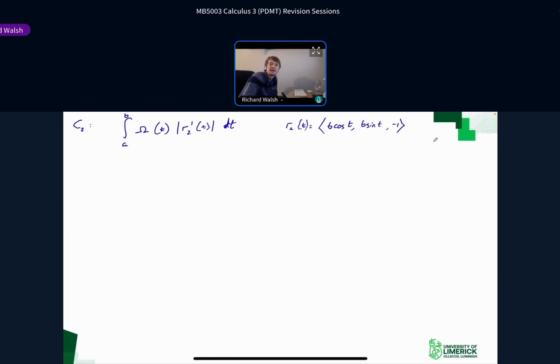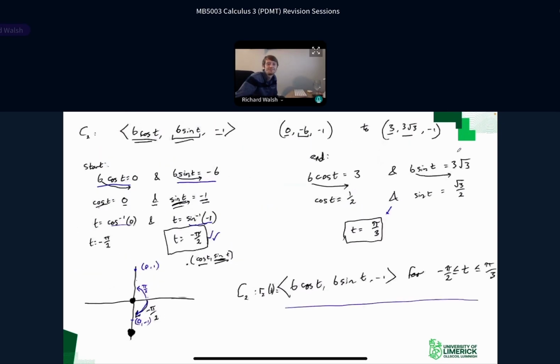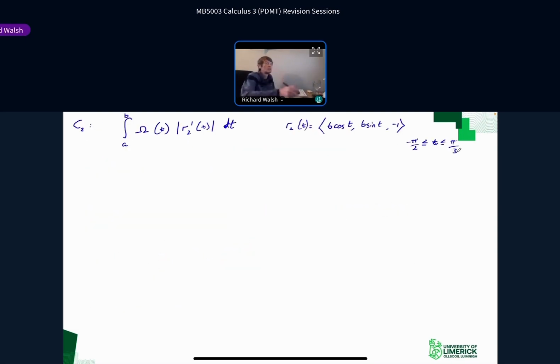And the t values for that were between minus pi over 2 and pi over 3. I am going to double check that. Okay. So again, minus pi over 2 will be our A value, our lower limit. Pi over 3 will be our upper limit.